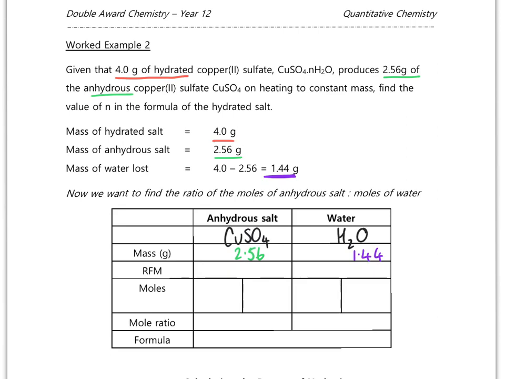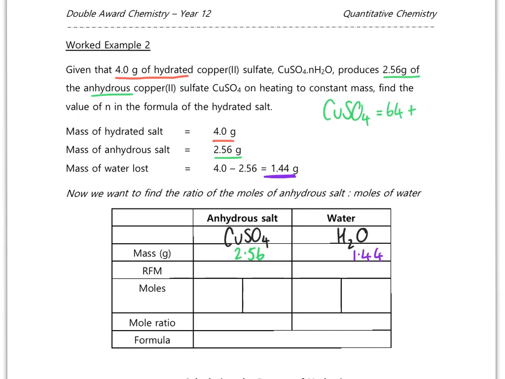So we need to work out our Rfm of copper sulfate first of all. Okay, so follow along with me in your periodic table and your calculator if you can. So I'll just do it up here first of all. So CuSO4. How many coppers do we have? 1. And what's the mass of copper? 64.